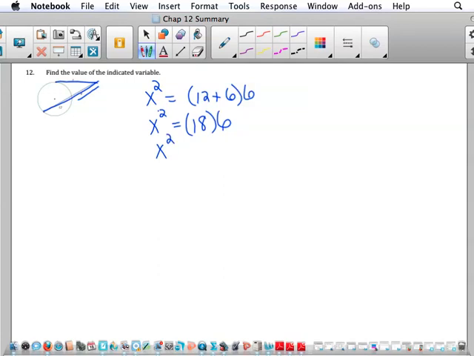So x squared is equal to 108. The square root of 108 can be written in simplest radical form as the square root of 36 times the square root of 3, which is 6 root 3. And the square root of 108 is approximately equal to 10.4. And the decimal approximation will be fine.